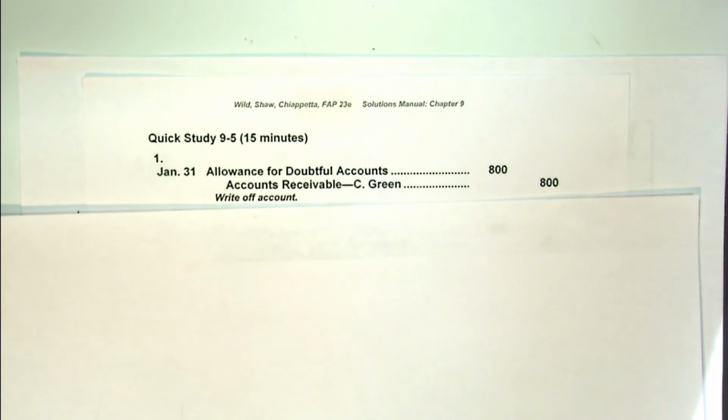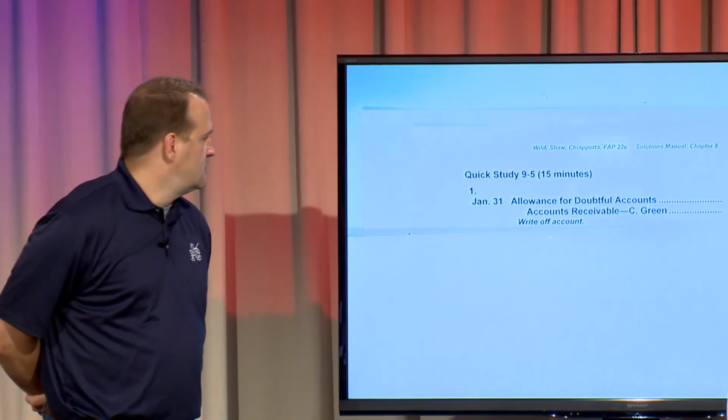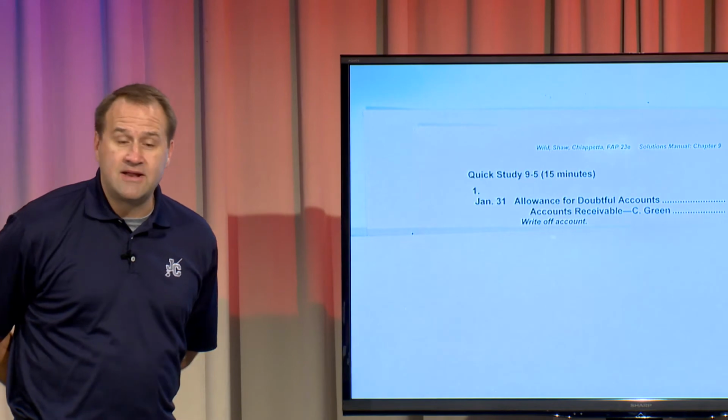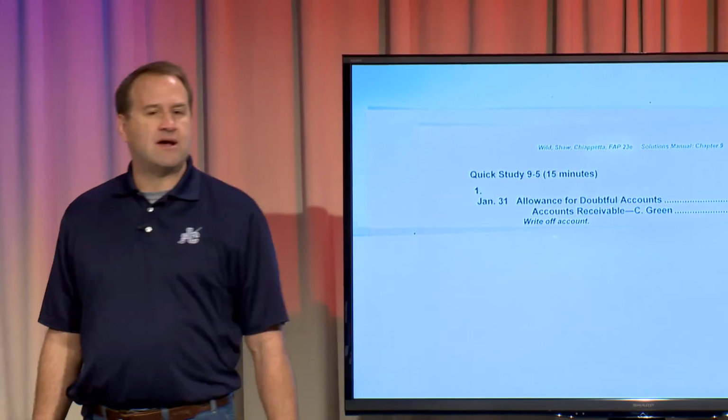We credit AR for Green for $800. We wrote it off. Are we debiting bad debt expense here? No, we are not. That was done when we estimated bad debt expense. So here we are writing off the account. You with me? I know we're not done with it, but any questions on it so far?